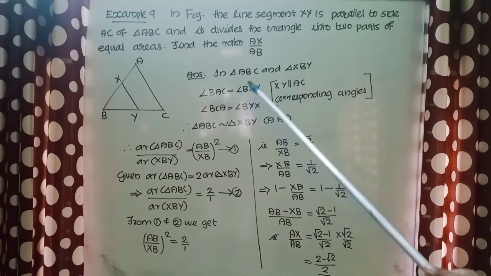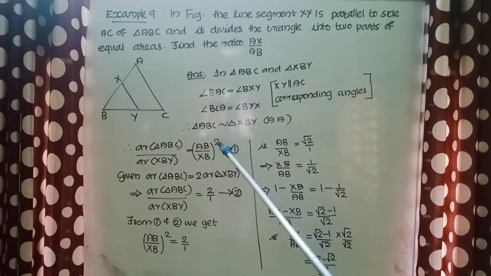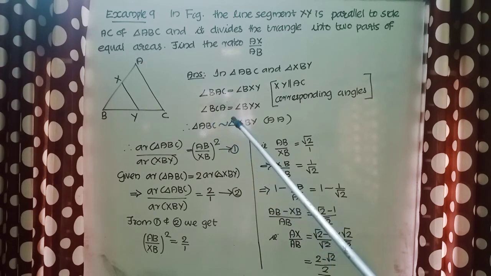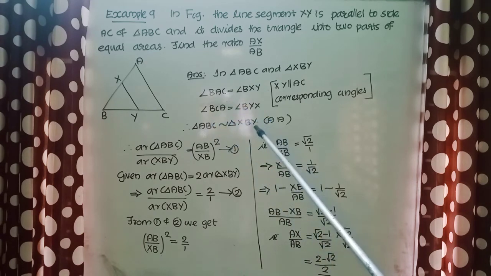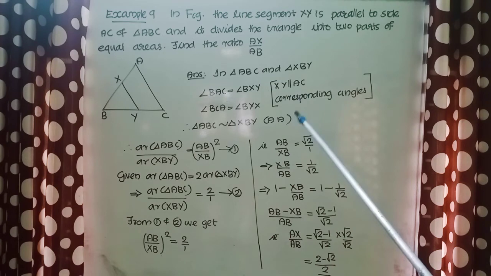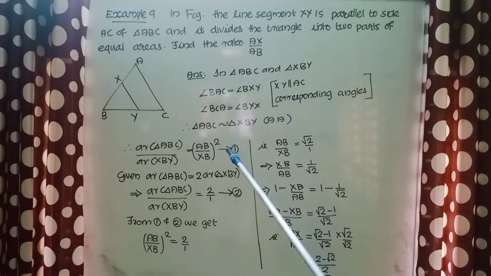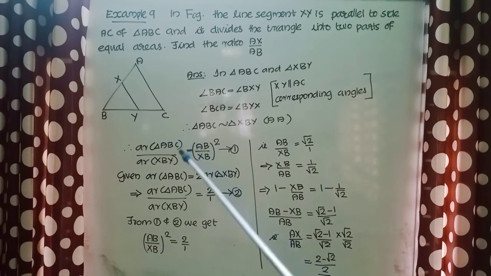So here we have got two angles. So we can conclude triangle ABC is similar to triangle XBY by AA similarity criterion. So we can write area of triangle ABC by area of triangle XBY equal to AB by XB whole square. Let it be equation number 1.